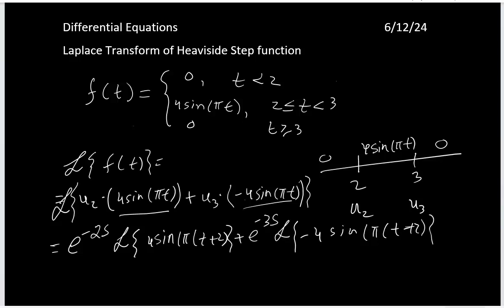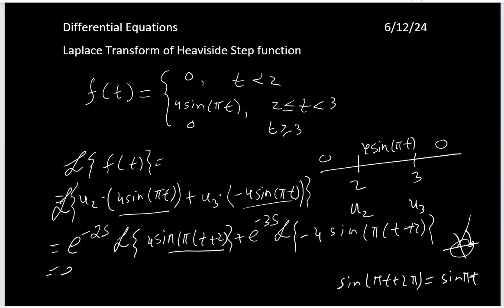Now what happens? If you know basic trigonometry, then you know that sine pi times (t plus 2), with the reference angle concept, is sine of (pi t plus 2 pi). So that is basically just sine pi t. Because if you take 2 pi, one complete rotation, and then it goes in the first quadrant, it comes out with sine pi t.